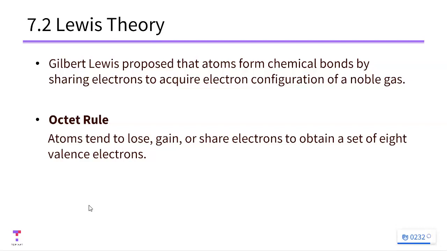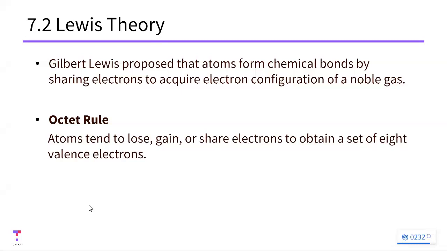And here's where we enter the octet rule. With the exception of helium, every single noble gas has 8 valence electrons. Octet rule.